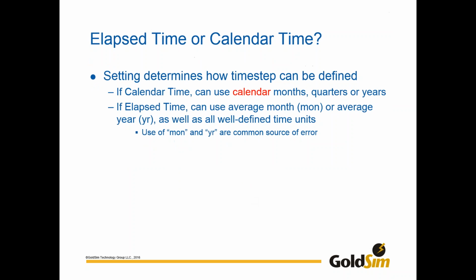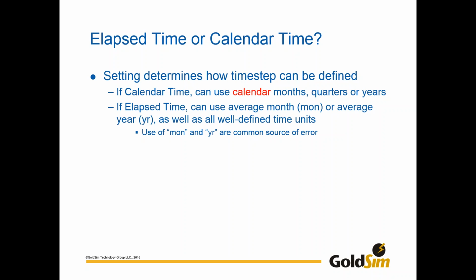So which is the correct approach? Well, for most environmental systems, you need to use calendar time because you have some seasonal variability that you have to capture: rainfall and temperature. So that's usually a pretty obvious answer.